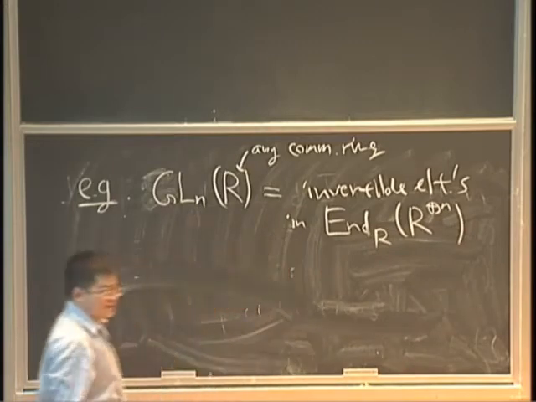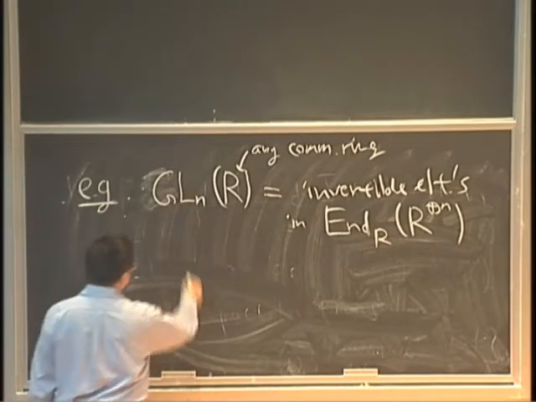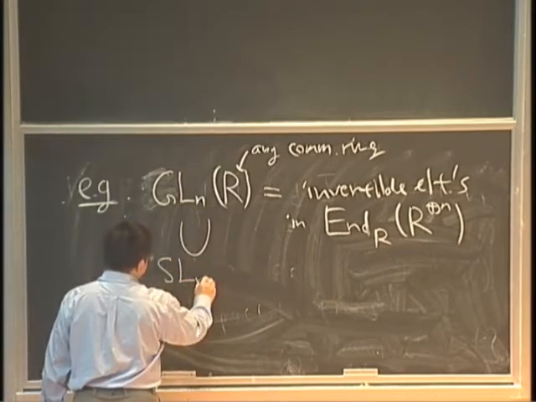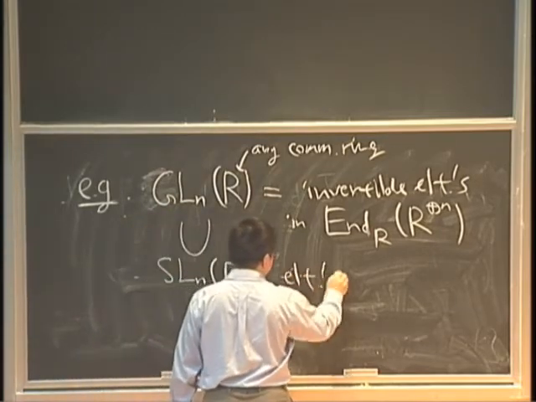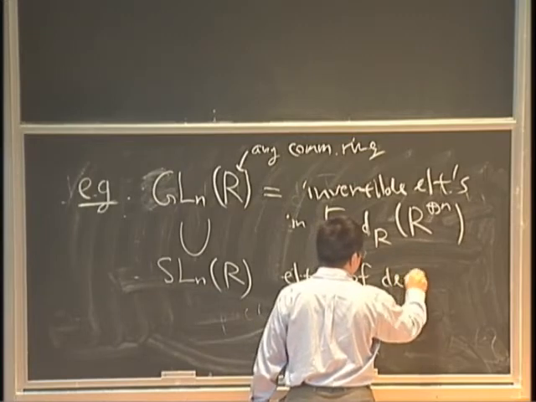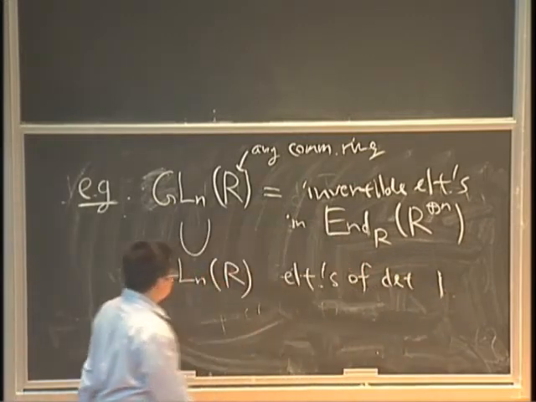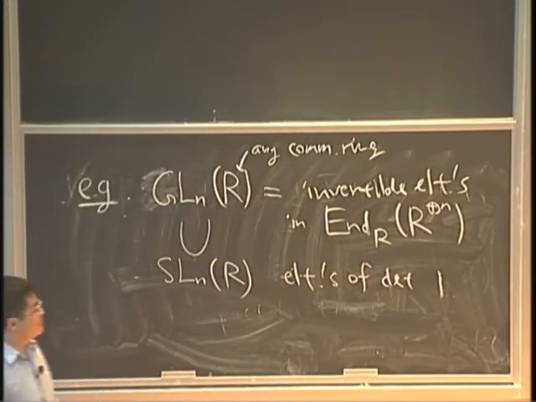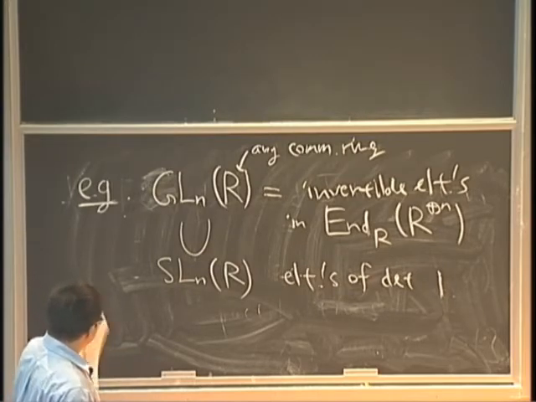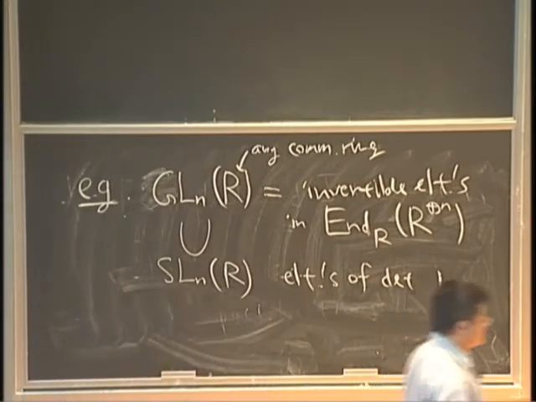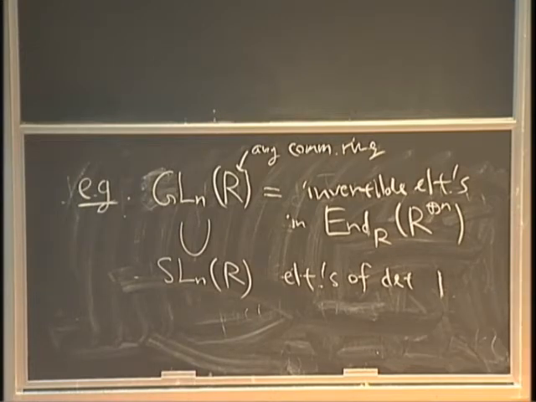So those are the invertible n by n matrices. And you can also consider the subgroup of elements of determinant 1. And these are the obvious kind of things you can look at, and the usual SO2 and GO2 are just there. Well, I include these examples because these are the most basic examples of reductive algebraic groups.